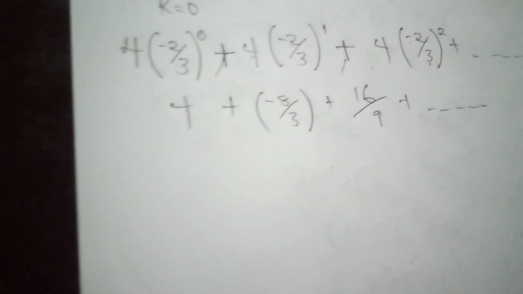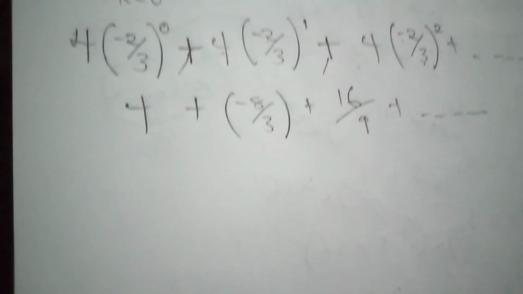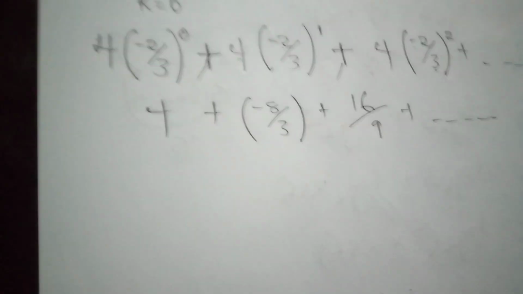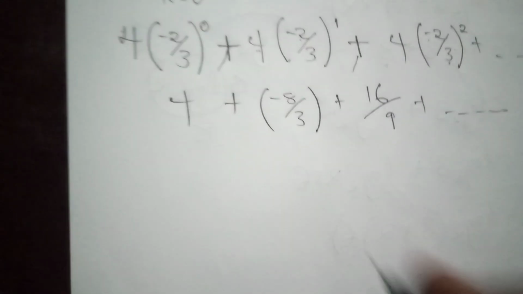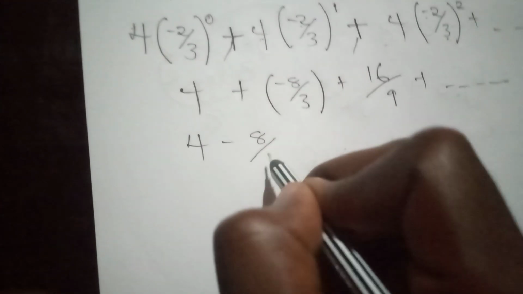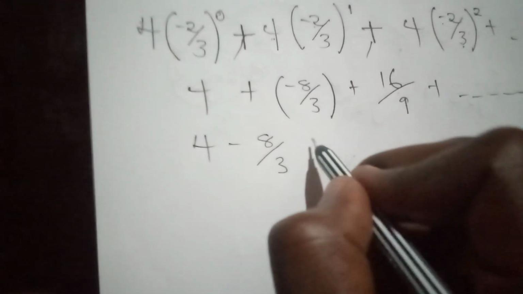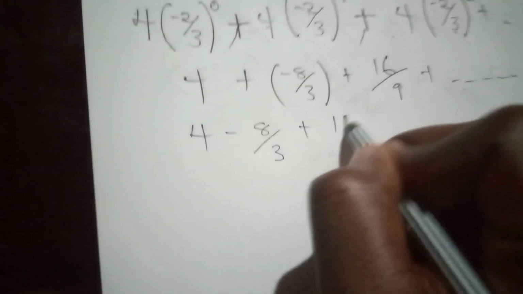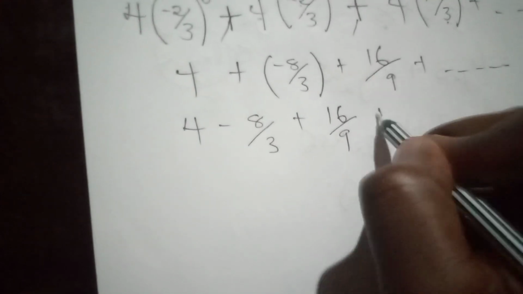Plus this term can continue going just like that. So from there I have 4 minus 8 over 3 plus 16 over 9 plus, and I just say continue.